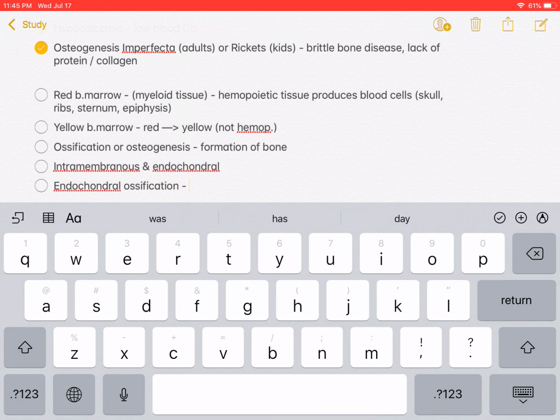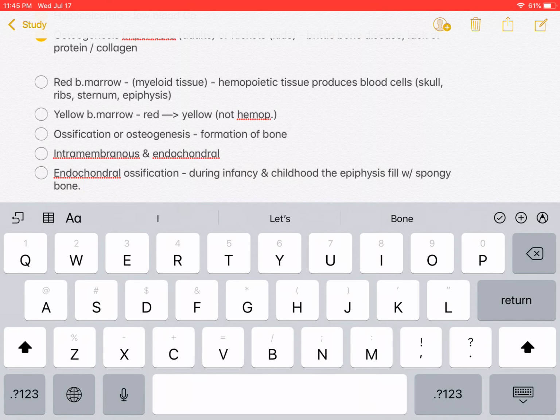I understand you're going to be using your book to look at charts and steps for bone formation, but for the actual flashcard, just remember that while you're a kid, in childhood, the epiphyses fill with spongy bone.